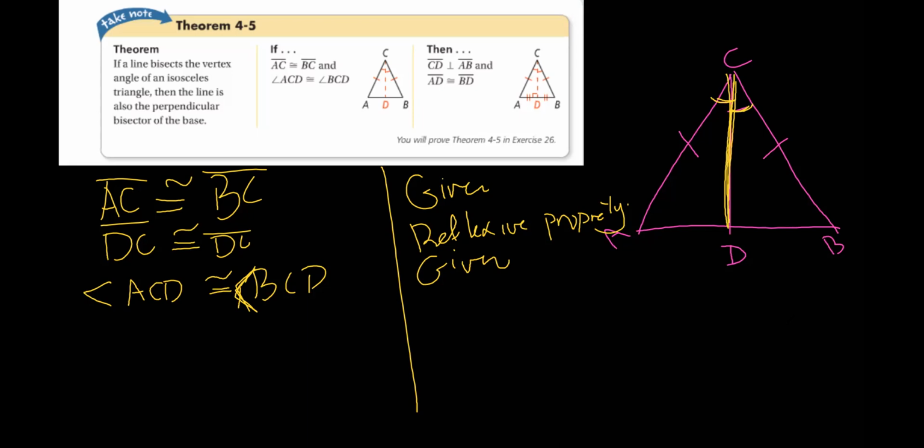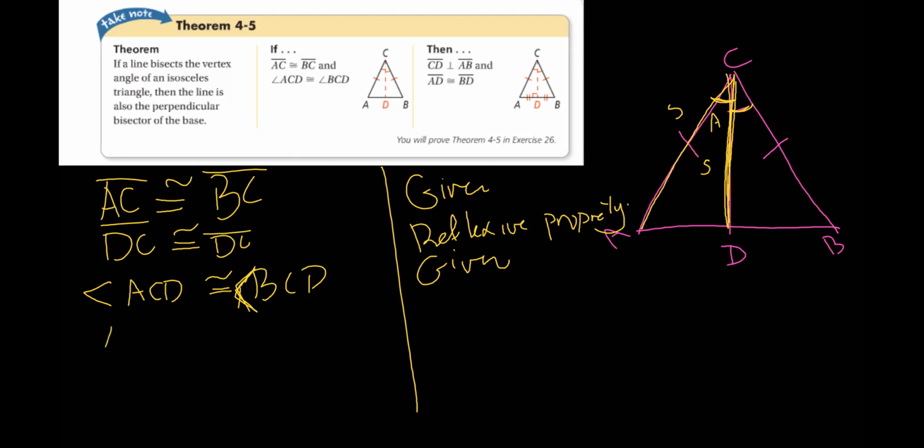Now, look here. Here we have side, angle, side. Is it right? Side, this side. Yes. Angle and this side. So can I conclude now that the triangle ACD is congruent with the triangle BCD? Yes.